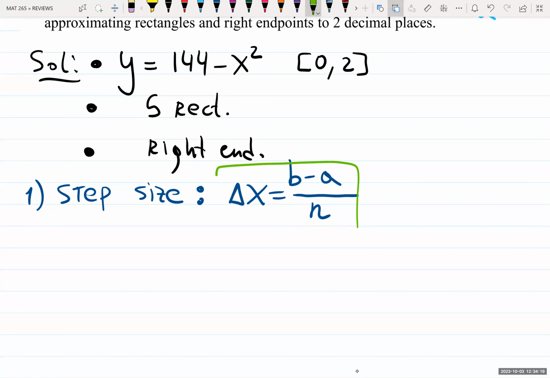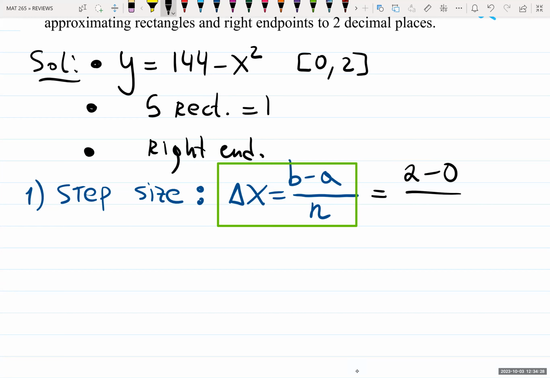I'll put it in the box. This is a formula. Remember this. This is how I start. b minus a over n equals 2 minus 0 over n, and n is 5 rectangles.